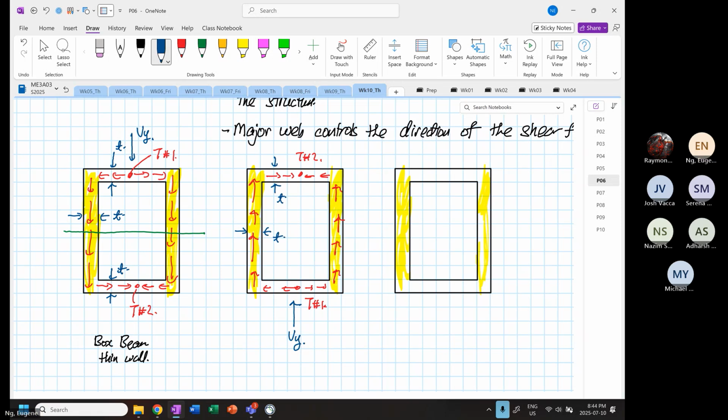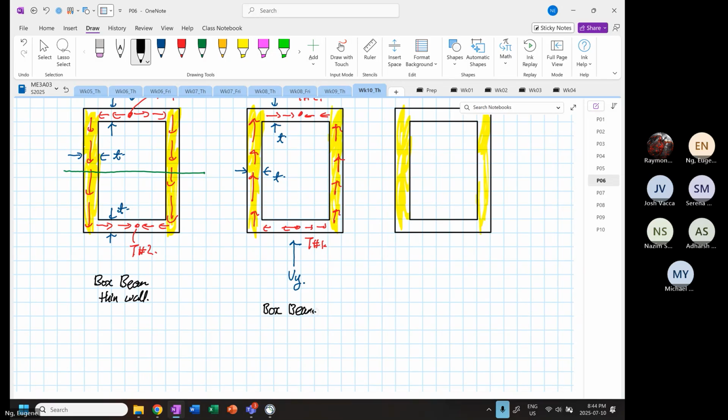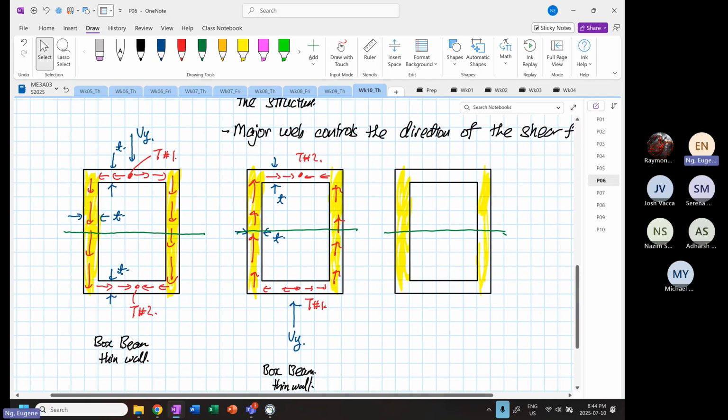So this is again box beam, thin wall. Again, this is our centroid. Now the third one I'm going to draw. So this is our Vy.